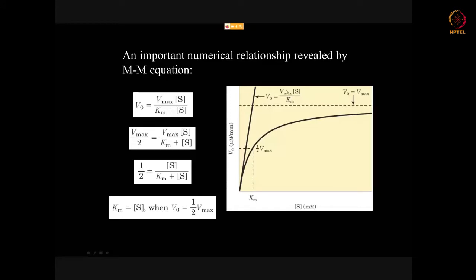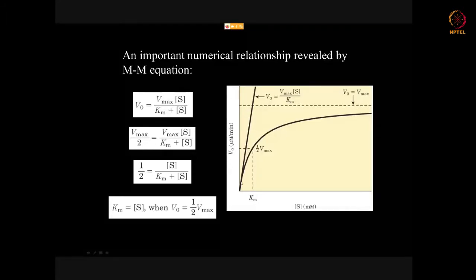That means velocity is going to vary linearly with respect to substrate. As substrate increases, V0 increases. So you see a linear relationship in this region of the graph. This is extrapolation, but we need not worry about it. For us, in this low substrate concentration, it does increase linearly, and that is what this equation tells us.